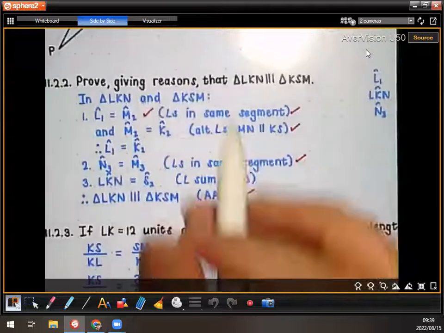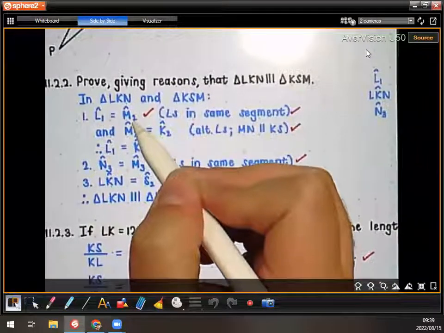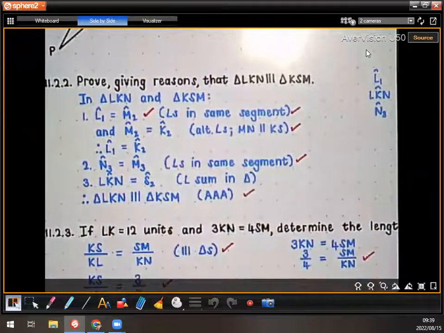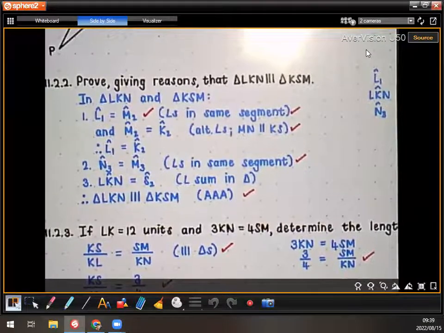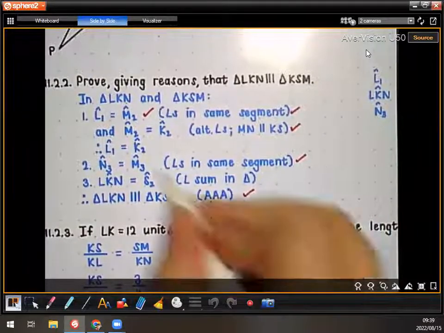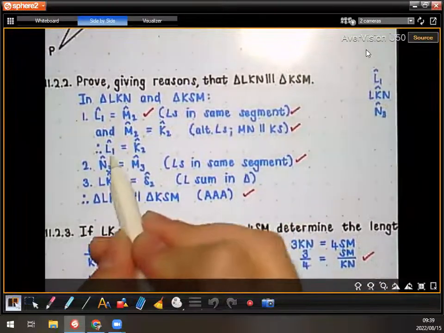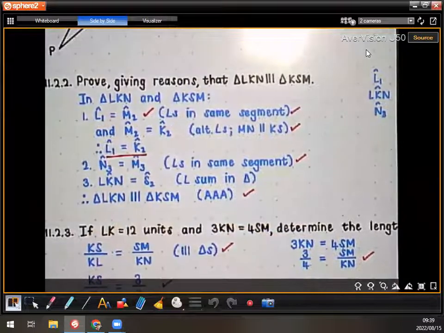Now guys, obviously you could have written L1 equals M2 first, or maybe you wrote M2 equals K2 first. Whichever pair you proved equal first, you got a mark for, and then a mark for the reason. And then the second pair, you got a mark for statement and reason. So basically it was 3 marks for getting to this conclusion that L1 is equal to K2, but you have to go via M2.